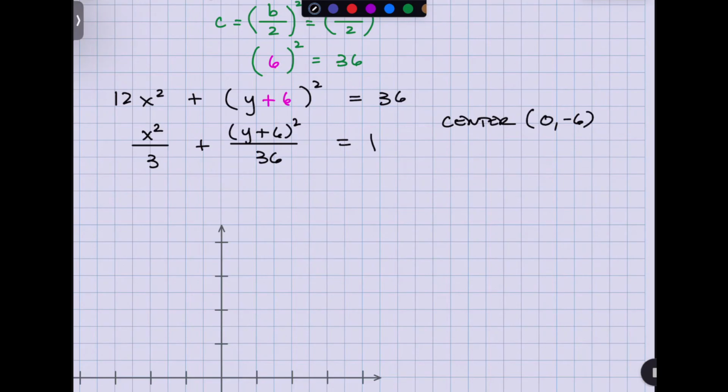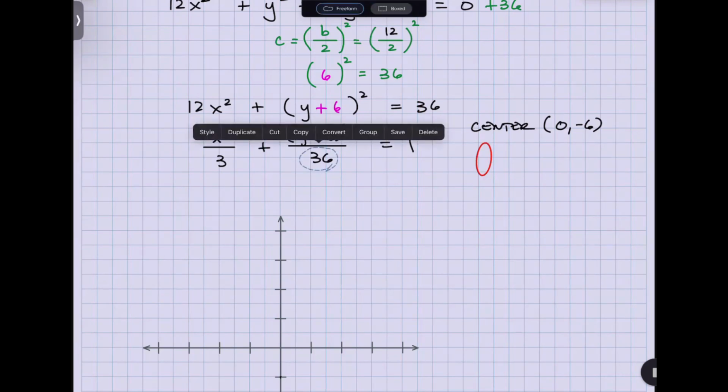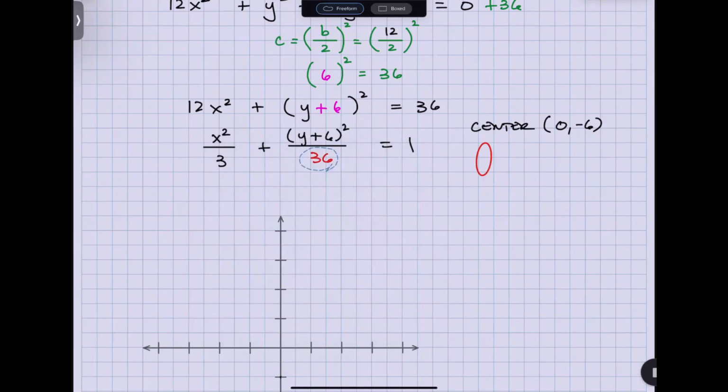Which way does this go? Towards the x direction or the y direction? Towards the y direction. Right? We know that it goes in that direction. And it's all because of this number. So I know that a squared is equal to 36. So a is equal to 6. Right?